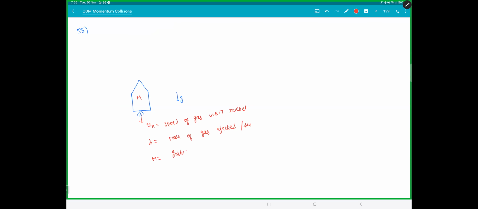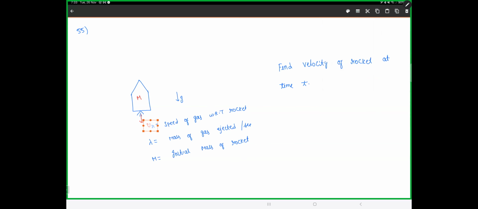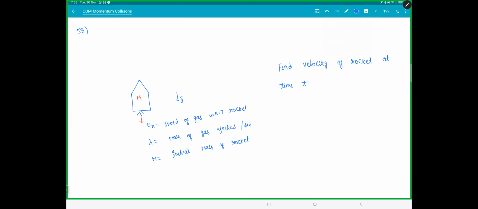Assume the rocket lifts off at t0, meaning the thrust force is sufficient to move the rocket initially. Find the velocity of the rocket as a function of time t.